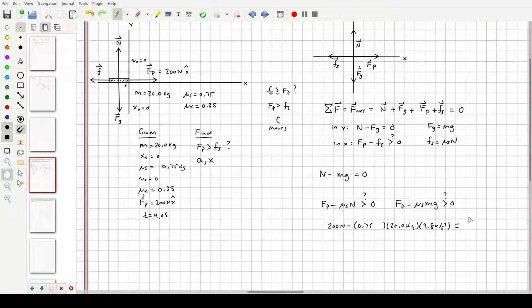So if I actually do this difference here real quick, 0.75 times 20 times 9.8, I can already tell you that it's going to be positive. Yes, 53 newtons.